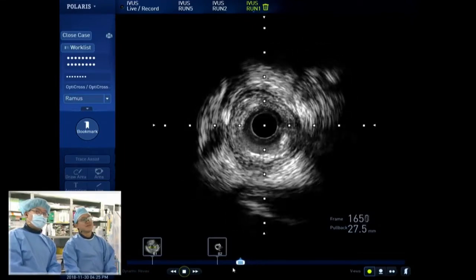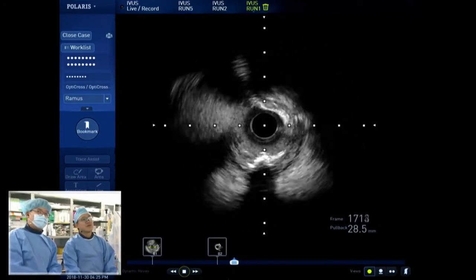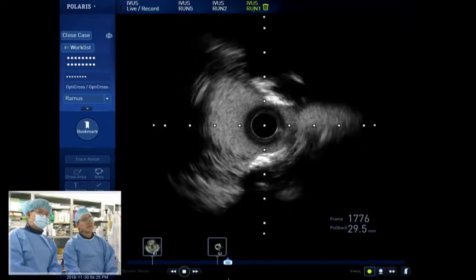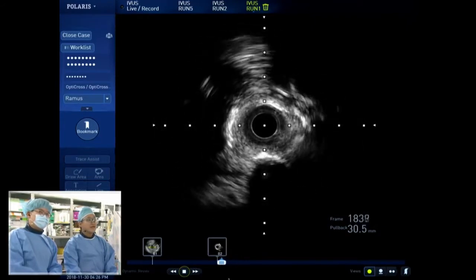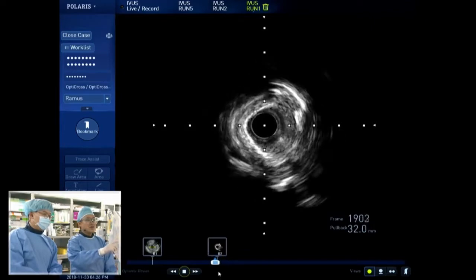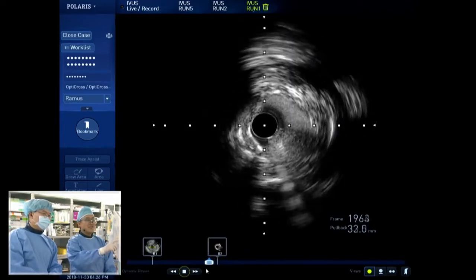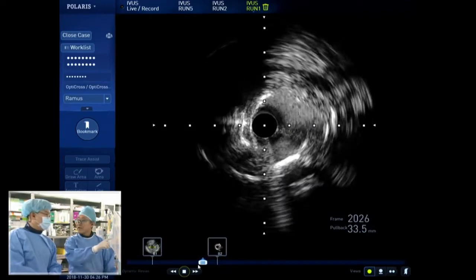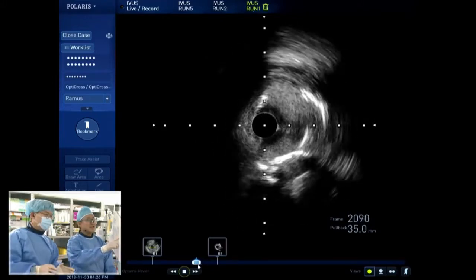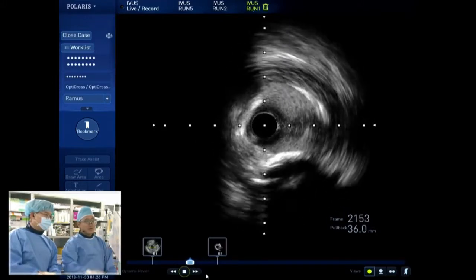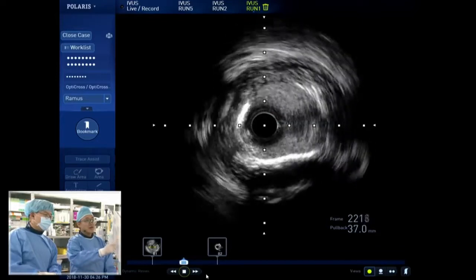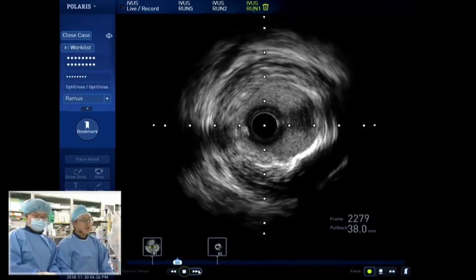Yes. This is the Ramus ostium. There is some superficial calcium at the ostium. So wiring of the circumflex ostium is not easy. This used a Crusade catheter. Yes, and then the wiring was done by Dr. Kang, and the next, a Crusade catheter.